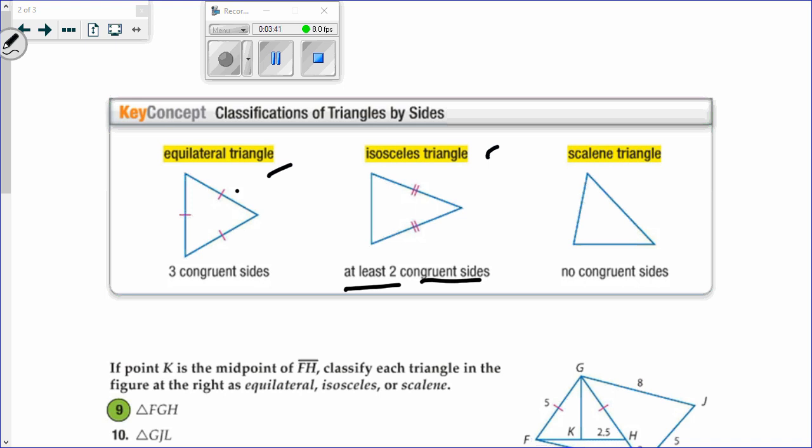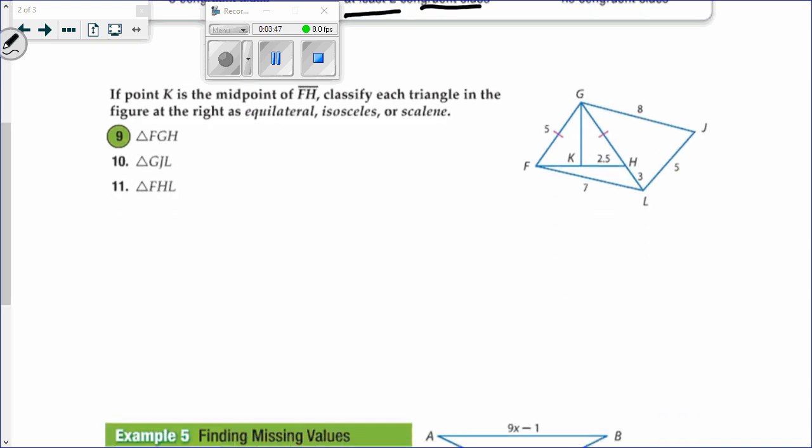So we can also classify triangles by its length of sides here. If point K is the midpoint of FH, so we're looking over here, F and H, K is the midpoint. Classify each triangle in the figure at the right as equilateral, isosceles, or scalene.